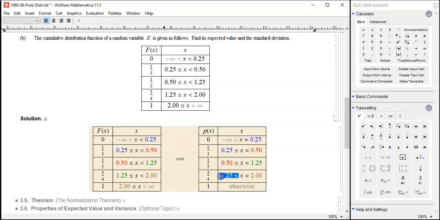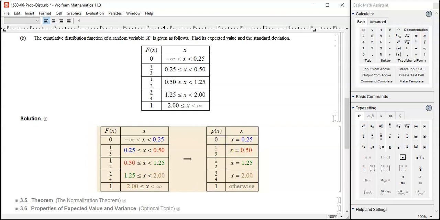Okay. Almost there. Okay, all right. These are the possible values. And then the probability. Okay, what do we have here? From 0 to 1/3, we took that jump.